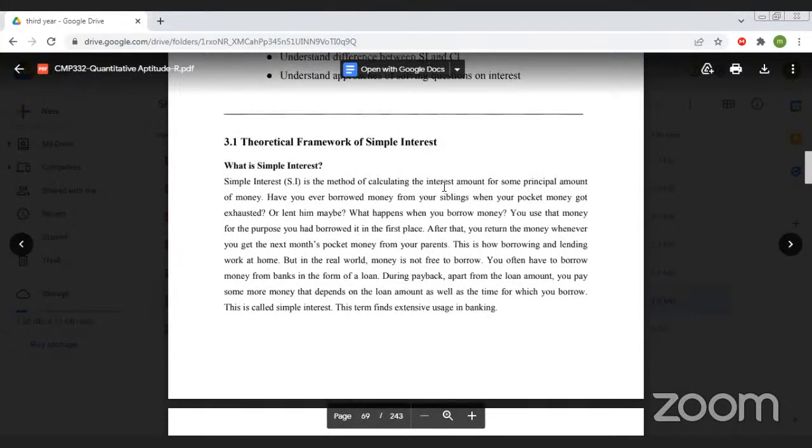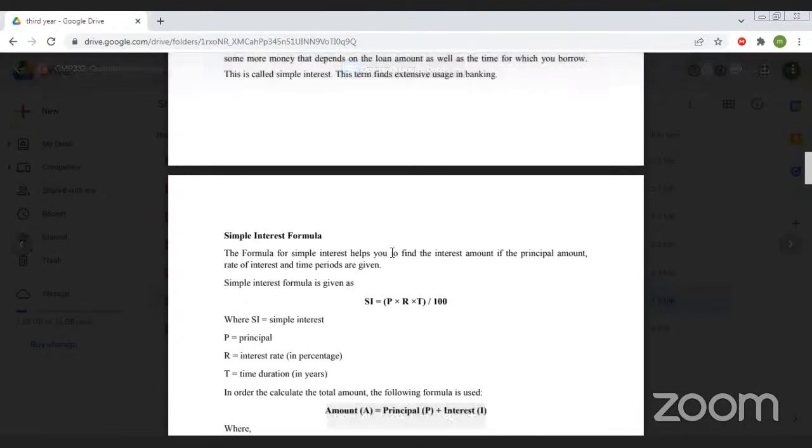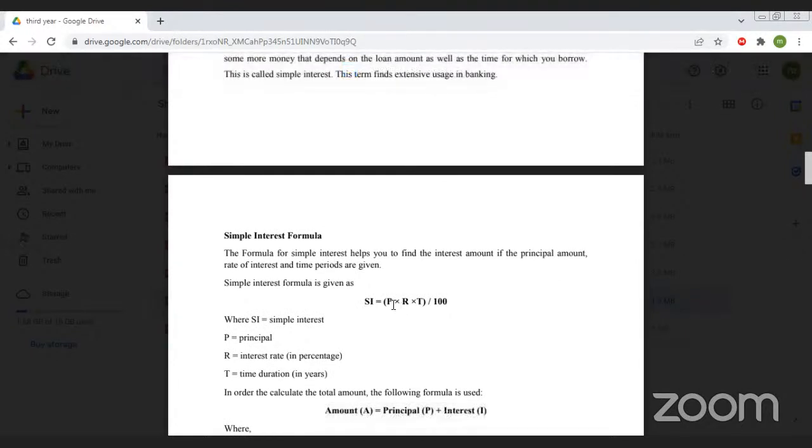It is the method of calculating the interest amount for some principal amount of money. The formula for simple interest helps you find the interest amount. Principal amount means the amount which we are giving, and rate means rate of interest. Let's say you have a 100 rupees note and you want to deposit it into a bank.